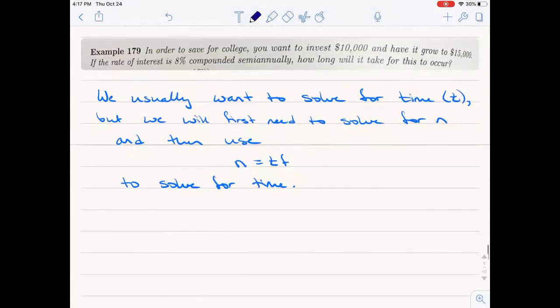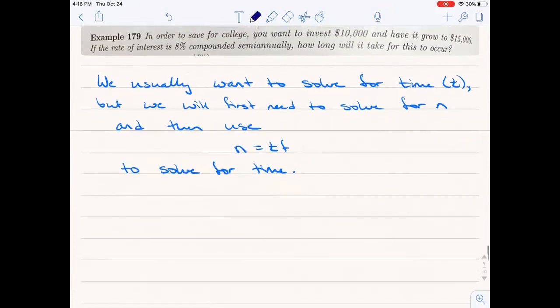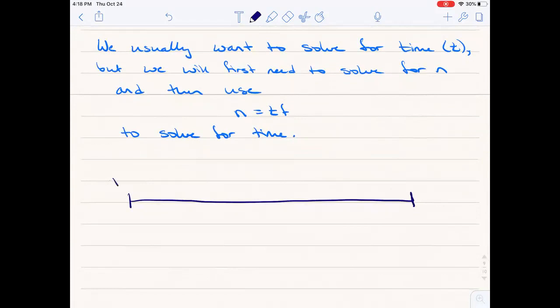All right, so let's make a timeline of this and go from there. So you want to invest $10,000. Here's the pickle though, when we're drawing these timelines, we are trying to solve for time, so we can't actually put anything up top. But just as a reference point, we'll call this today.